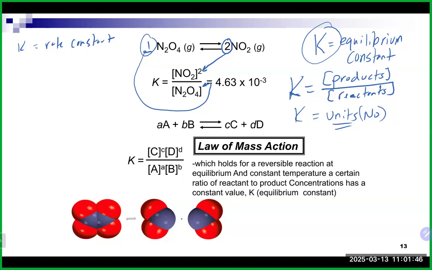Temperature, as we will talk about, is the only thing that can affect the actual value of the equilibrium constant. If you do not change the temperature, the equilibrium constant will always be the same number for that reaction, no matter what happens.